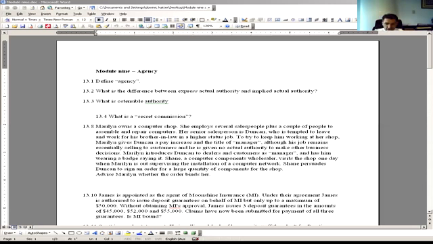So actual express authority is given by the principal in writing or orally to the agent. And usually it'll be something like a power of attorney or a specific deed or a contractual document. Implied authority comes from conduct or circumstances which lead to this implication of the authority. And obviously it's harder to identify it when it's implied.